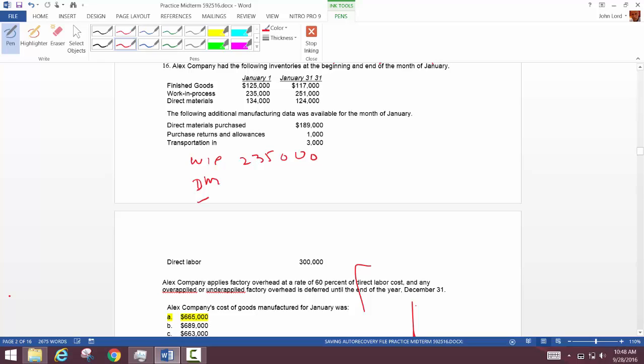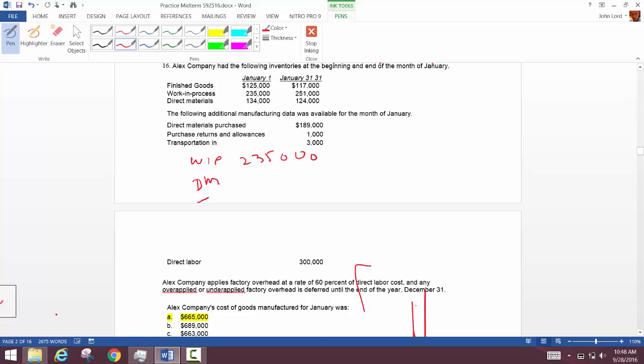Beginning. Okay, so that would be $10,000 for direct materials, because you had your beginning and your ending was 124. We have to get the adds, because they purchased some raw materials, right? They purchased 189,000, but did they return any?